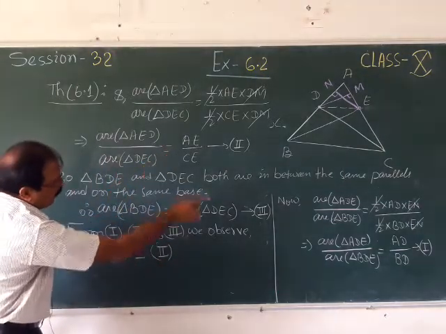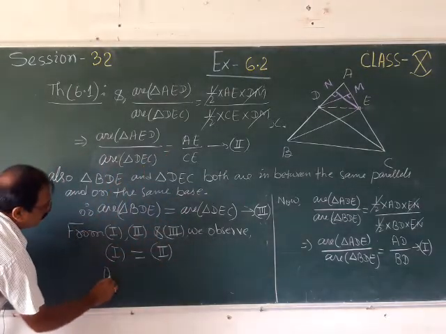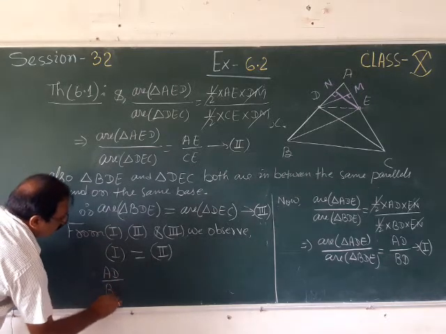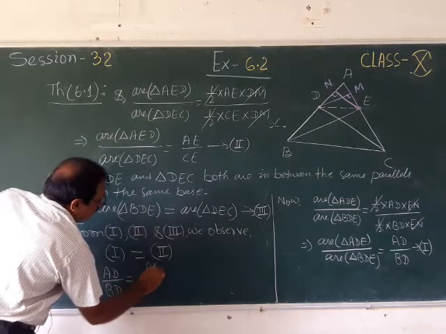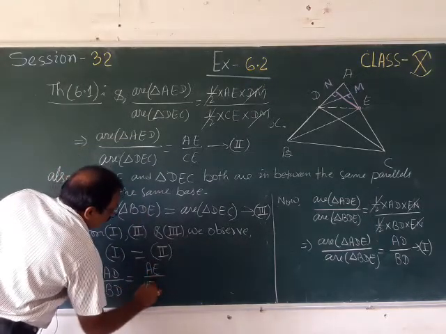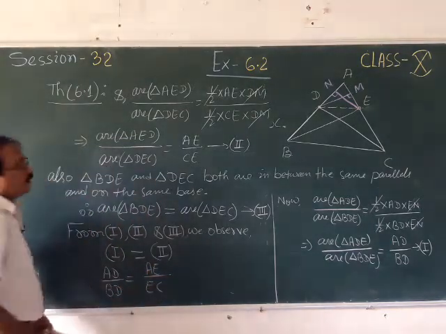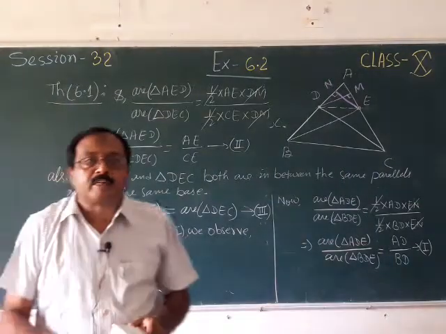That means we can write AD upon BD is equal to AE upon EC. This is known as the basic proportionality theorem.